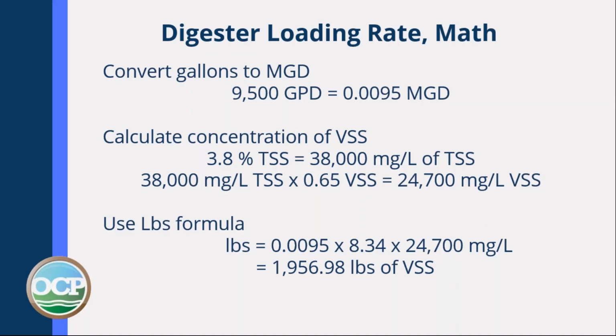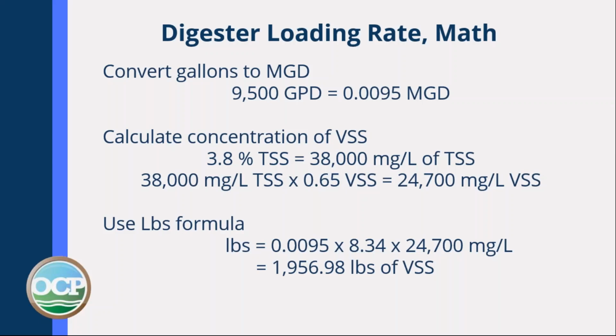Now, we also said in the problem that the VSS, volatile suspended solids, were 65% of the TSS. When you use a percent in a calculation, you have to take that 65% divided by 100, which gives you 0.65, and that's what you use in your equation.